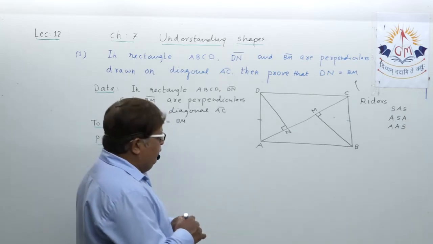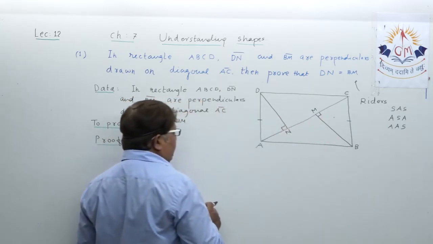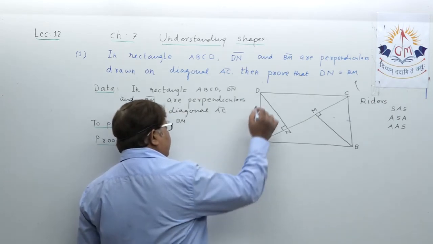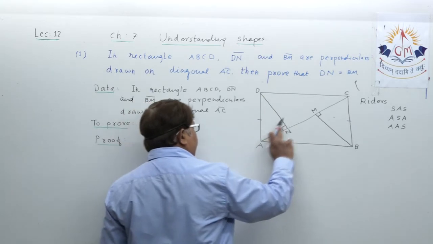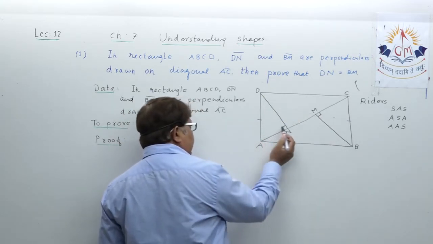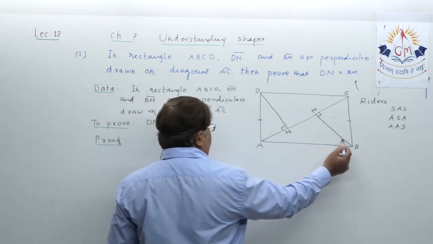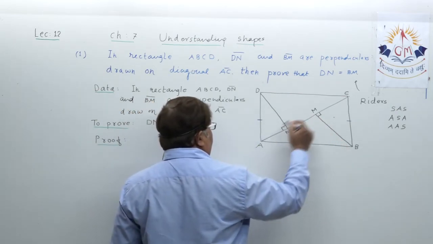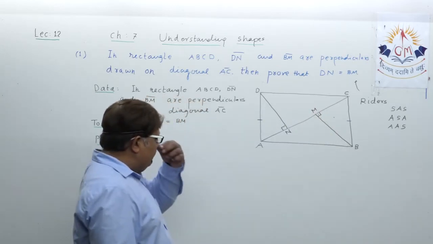Okay. Now see, so one pair of side we got. Now dear student, DN perpendicular to AC, so this is 90 degrees. BM perpendicular to AC, this is 90 degrees.